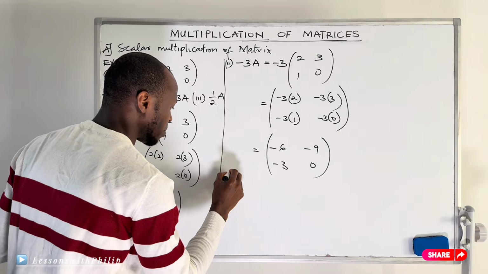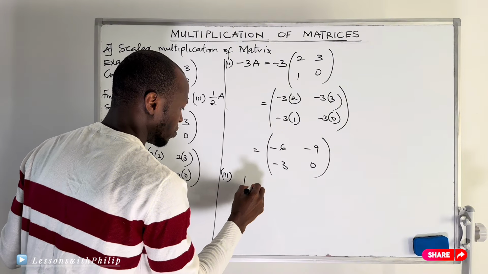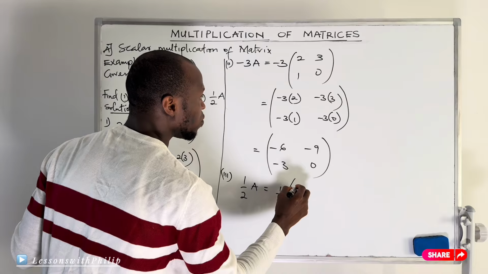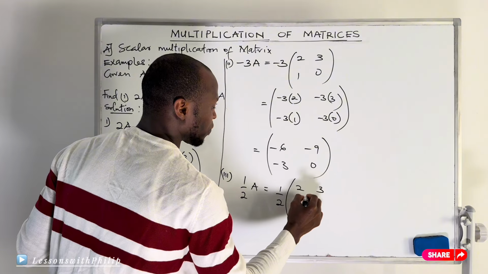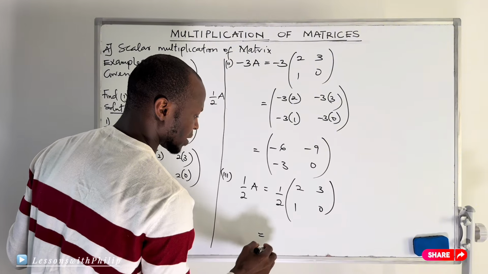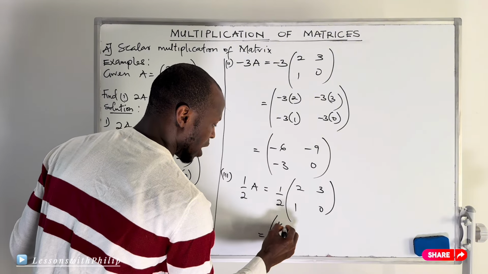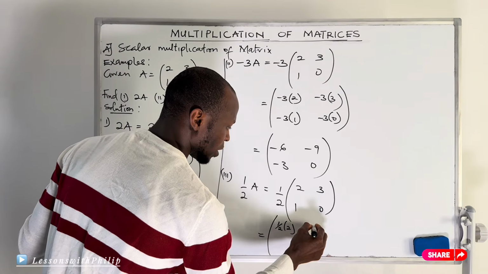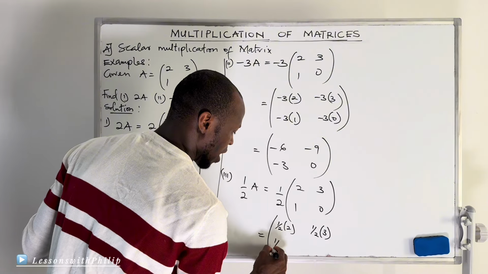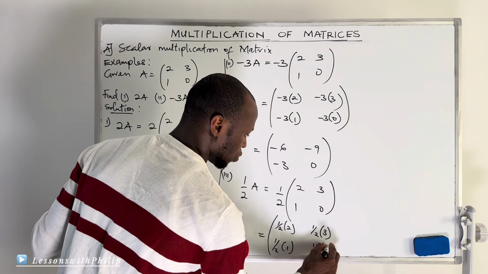Now, the third example, we have to find half multiplied by matrix A. And that will be half multiplied by matrix A, which is 2, 3, 1, 0. Okay? And that is the same thing as half times 2, half times 3, half times 1, then half times 0.